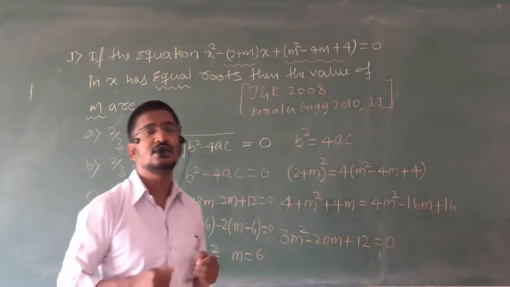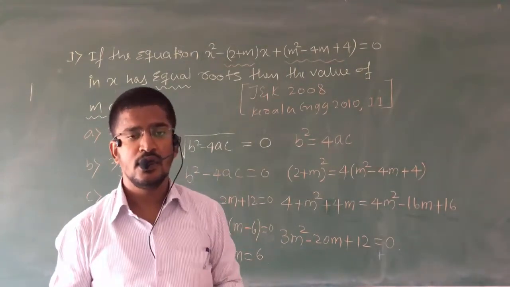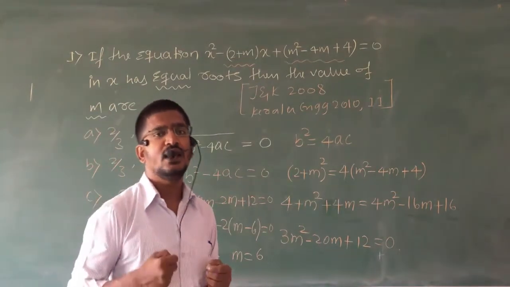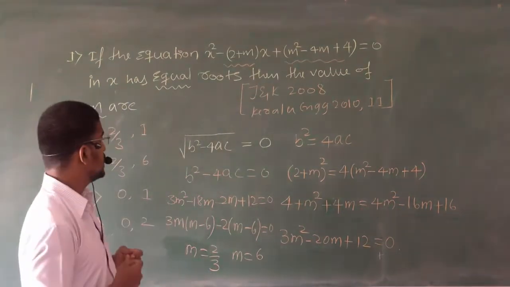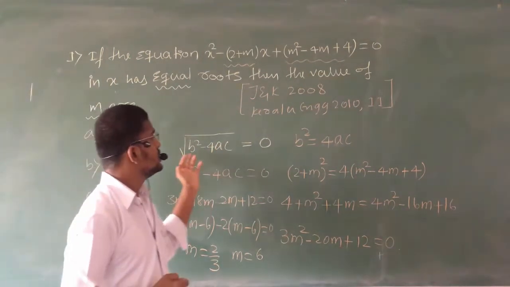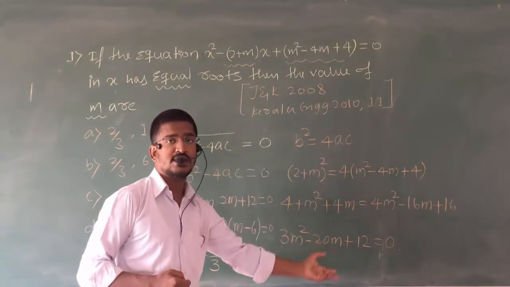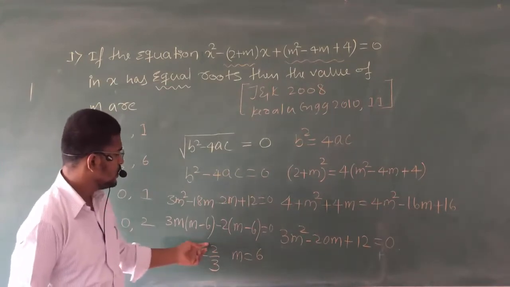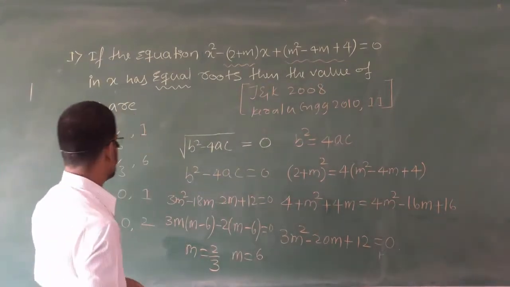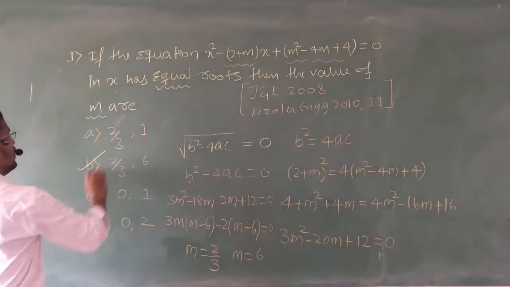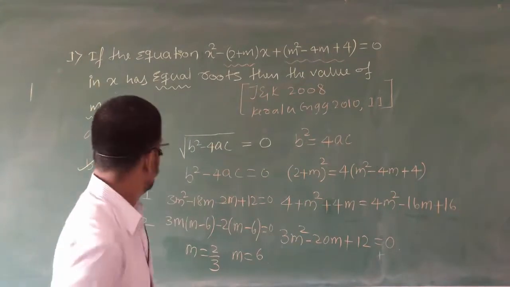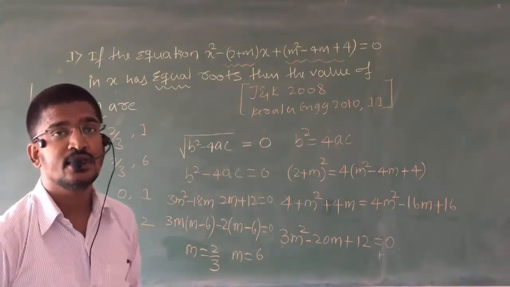If the discriminant is 0, we know that the algebraic equation has equal roots. So you take the root of b square minus 4ac equal to 0, square on both sides, go on simplifying, and you will get m equal to 2 by 3 and m equal to 6. So what is your answer? Option B, that is m equal to 2 by 3 comma 6.